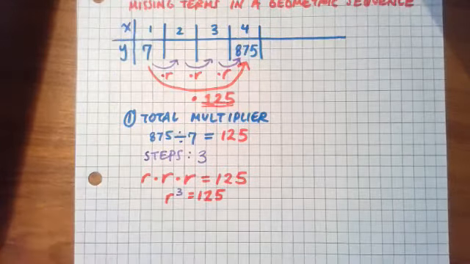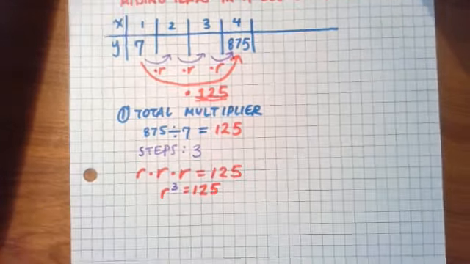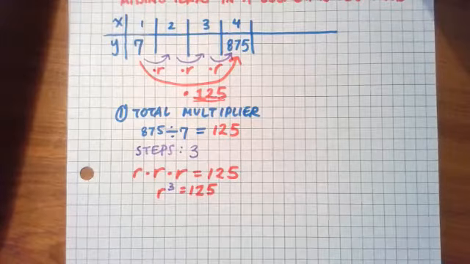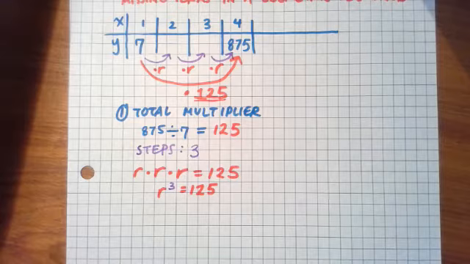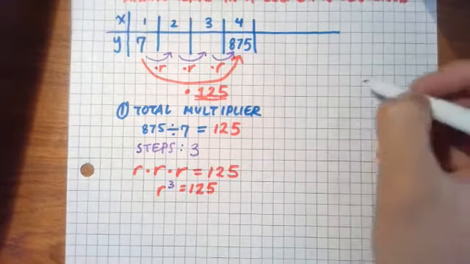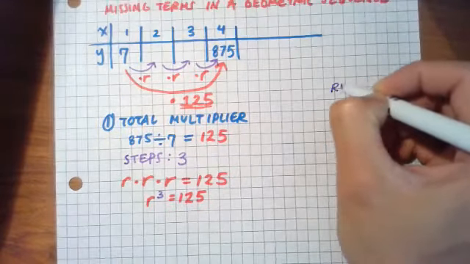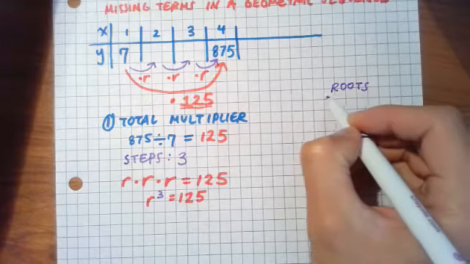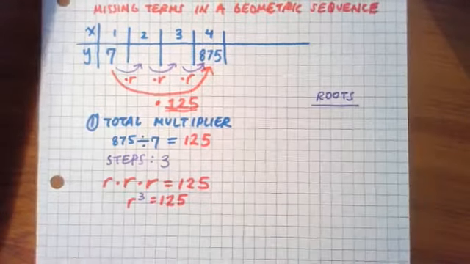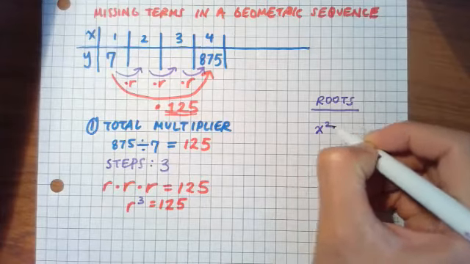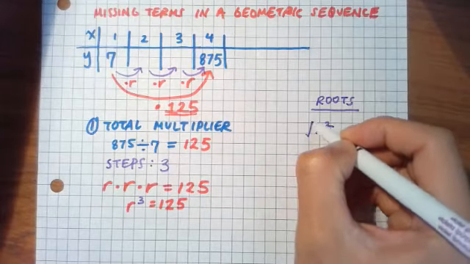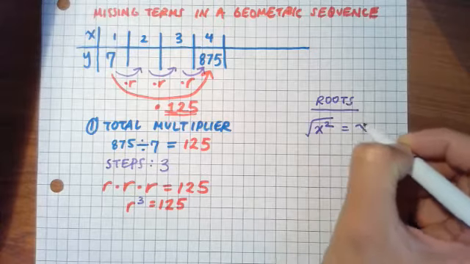And to do that, we're going to use roots. The opposite of taking a number to a power is to take the root of the number. Let's just do a quick roots example here on the right. If I have x to the 2nd power and I take the square root of it, that's equal to x.